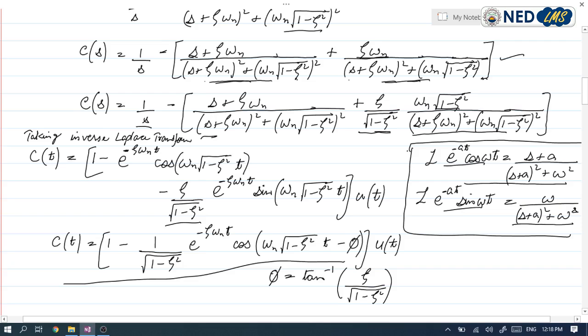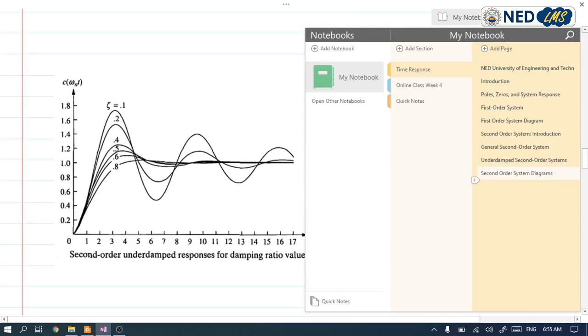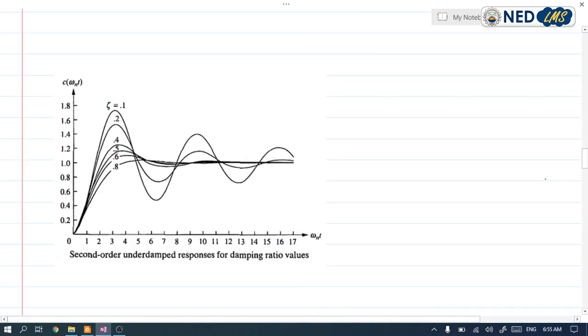So this is the step response of the general second order system, and it is somewhat similar to the output response of underdamped system. Now we look at the plot for this equation for different values of zeta.